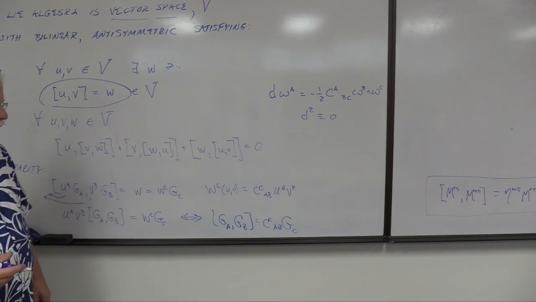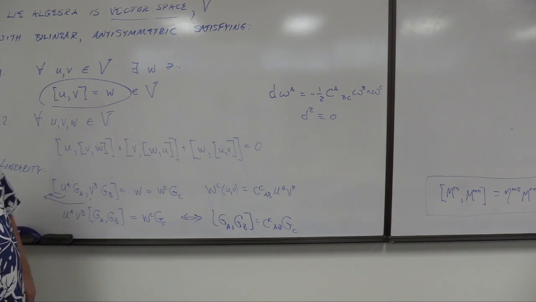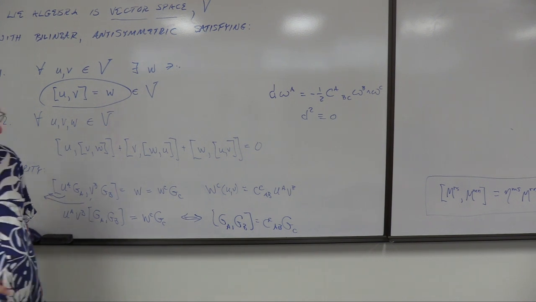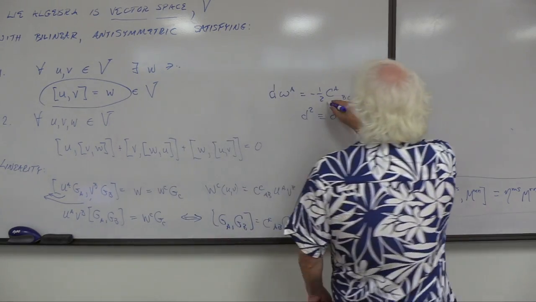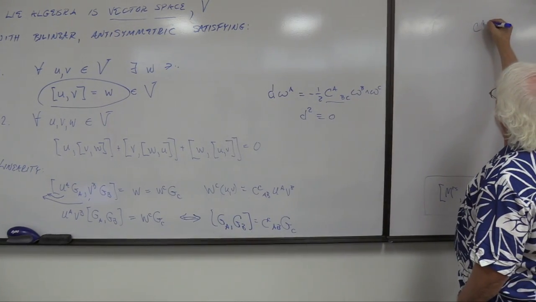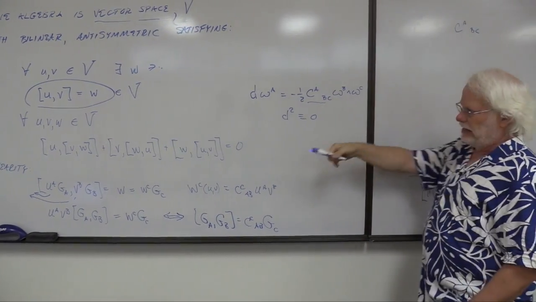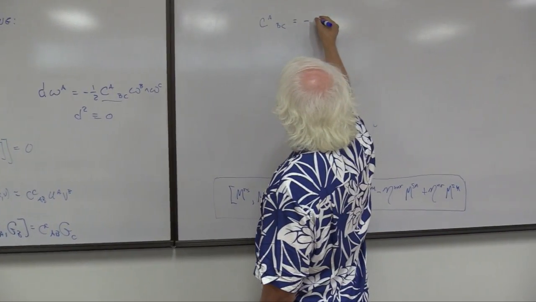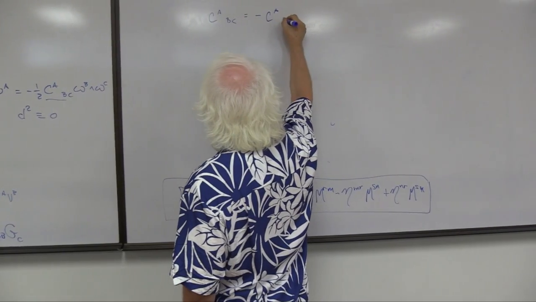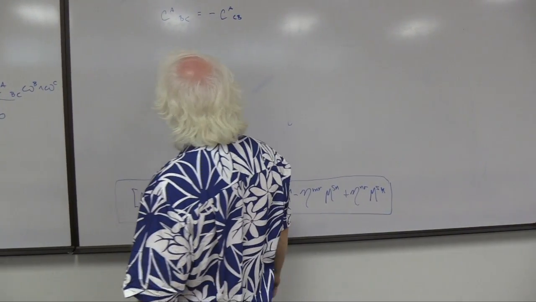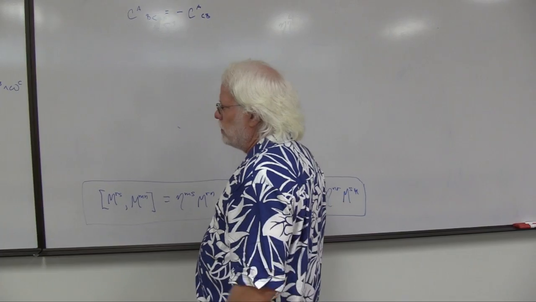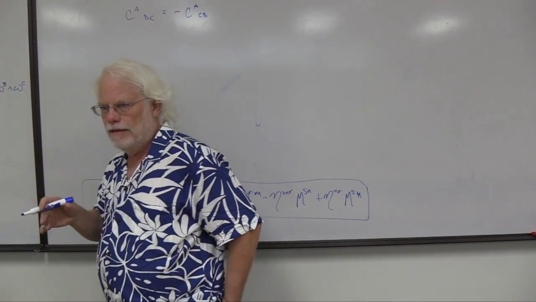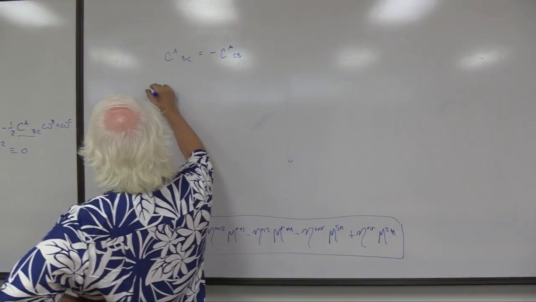Okay, then the adjoint representation. Suppose we have structure constants, C^C_AB. These define the antisymmetric product. These have to be antisymmetric in those down indices. What we can do is define a matrix for the generators.